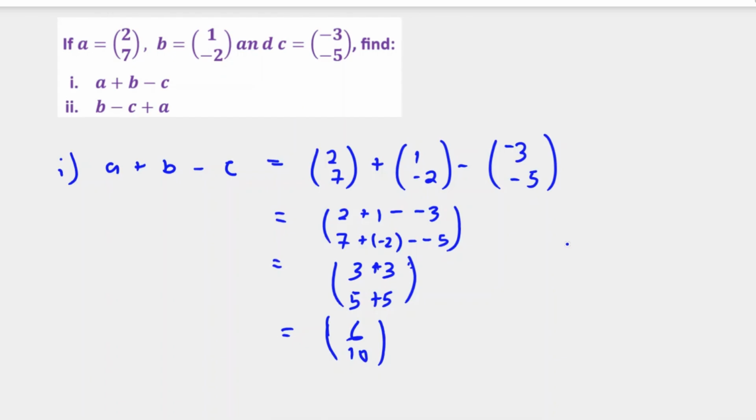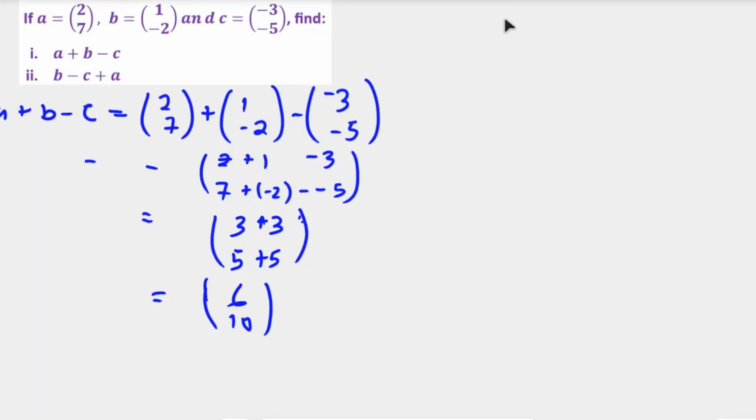Let's get the second one here. Okay, so let's work the second one here. That's going to be II, and II is the vector B minus the vector C plus the vector A. So this time, the letters have been mixed, so you have to be careful. Let's do the substitution right here.